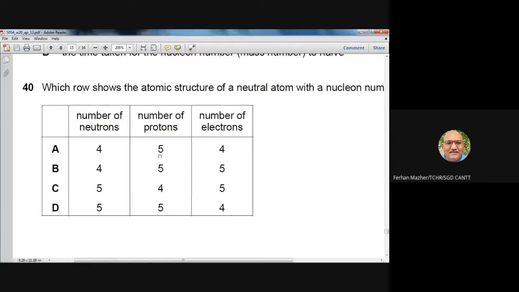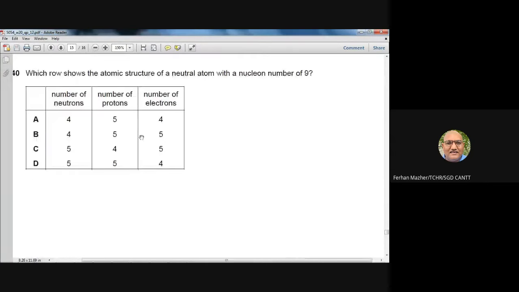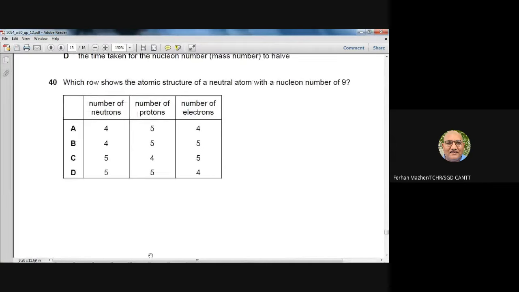Okay, now we have question number 40 on your screen. Which row shows the atomic structure of a neutral atom with a nucleon number of 9? Look at the columns carefully.